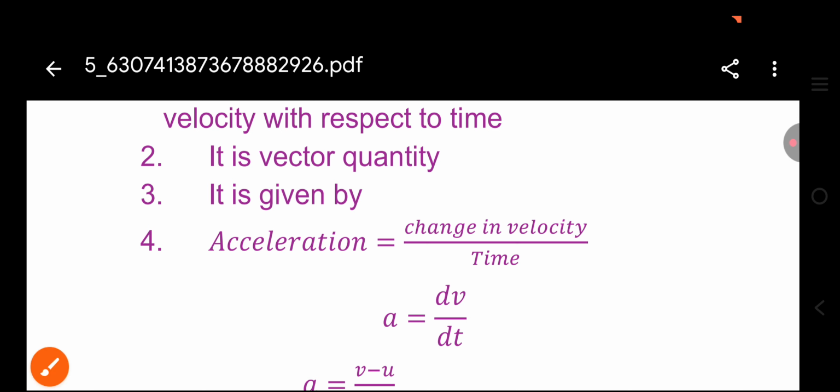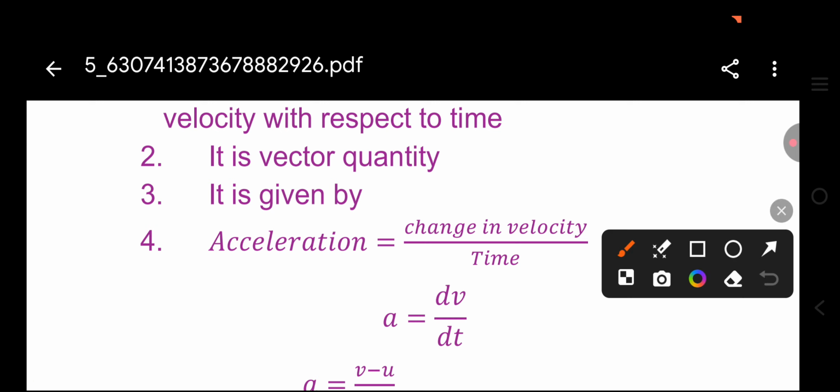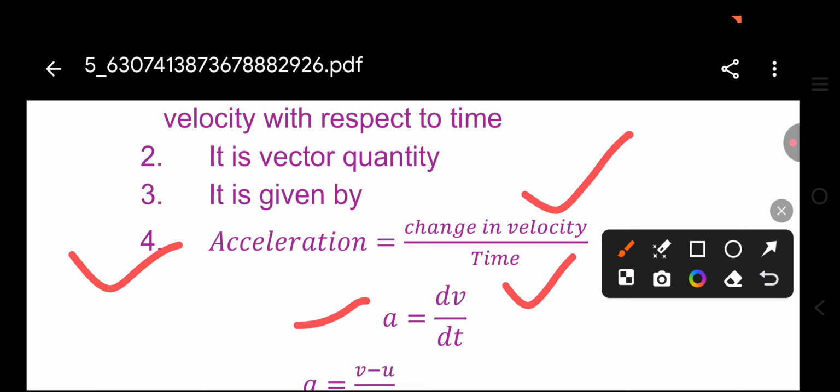Then in point number 4, the acceleration equal to change in velocity upon time. Then acceleration a equal to dv upon dt. The dv is known as change in velocity and dt is known as time.